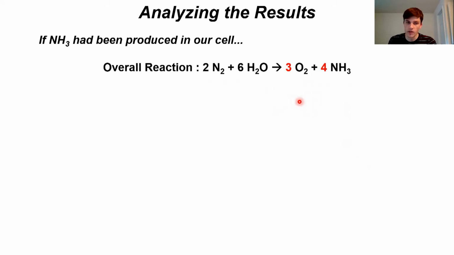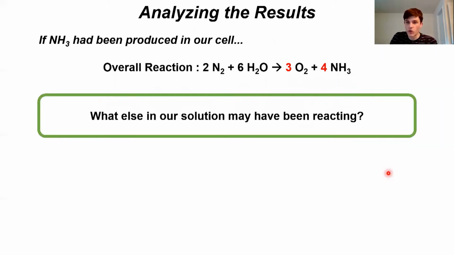If ammonia had been produced in our cell, we would expect a ratio of 4 to 3 ammonia to O2 between the 2 syringes. Instead, we did not. So we have to consider something else in our reaction, and our solution may have been reacting in order to make a gas. Can anyone think about something else that's present in solution that could have reacted?